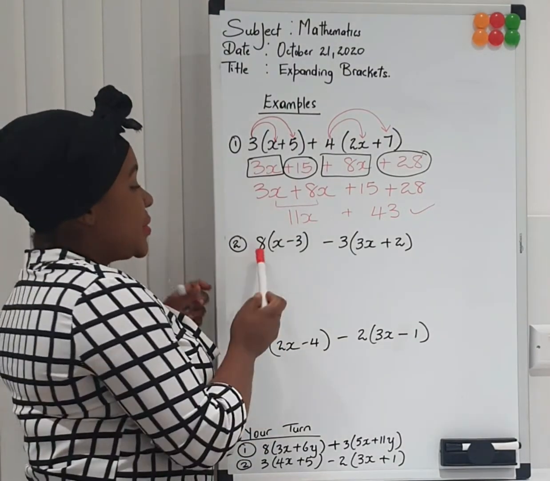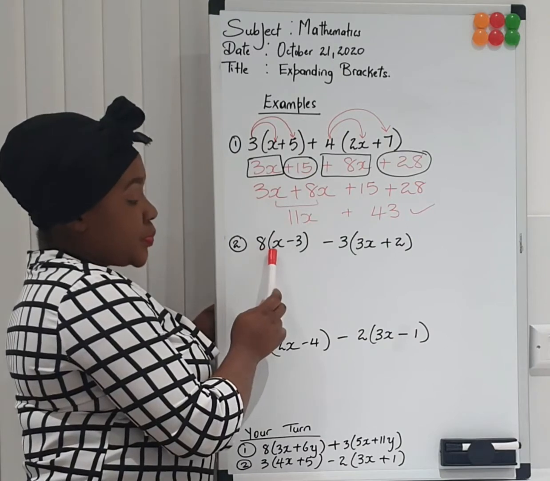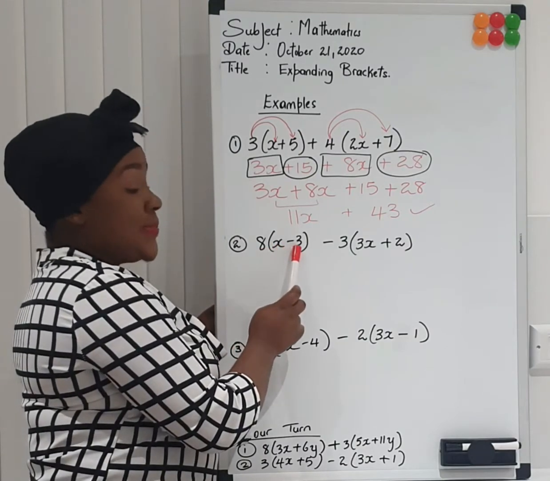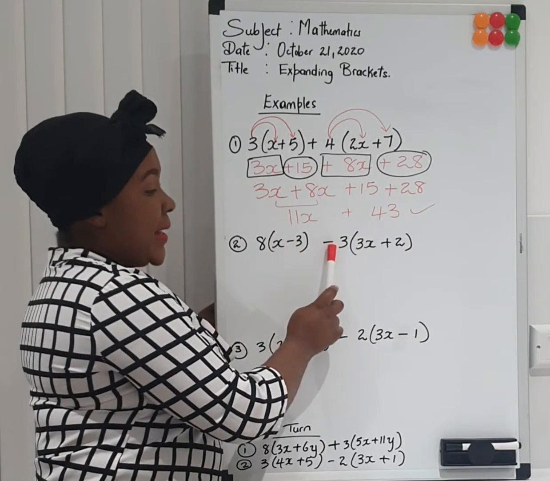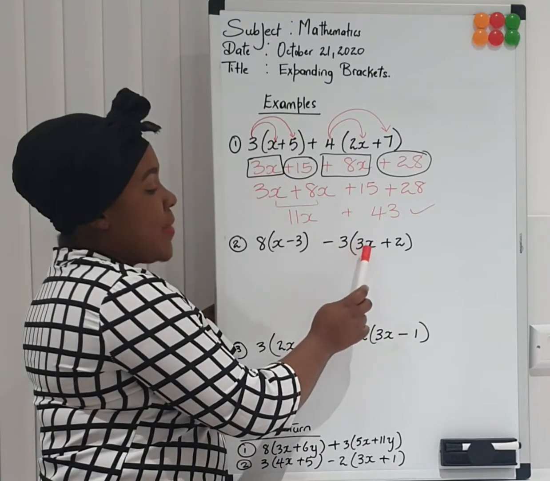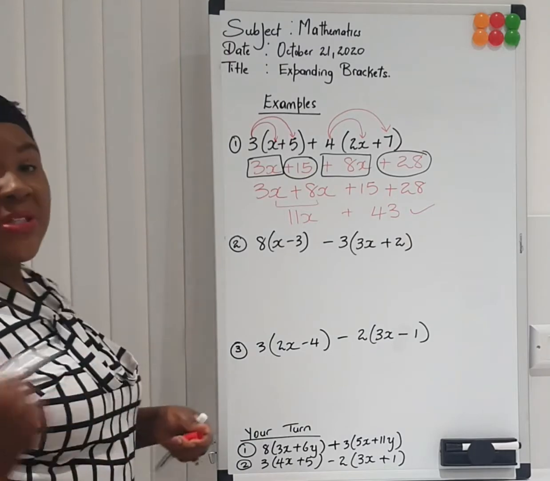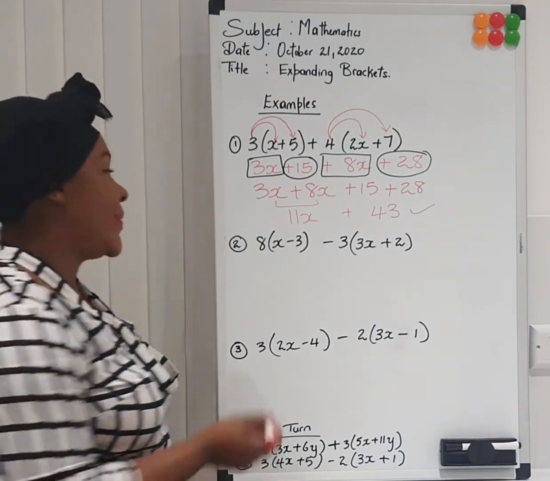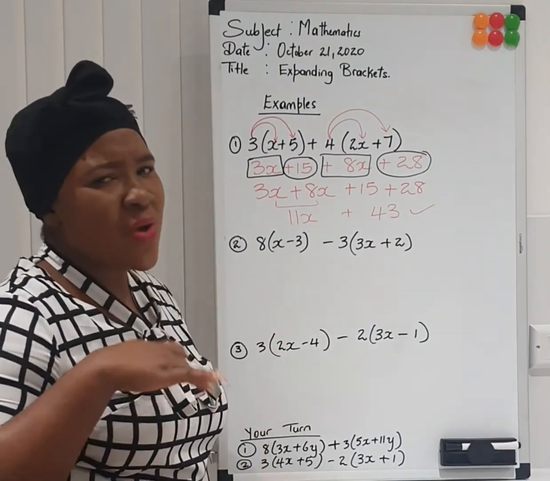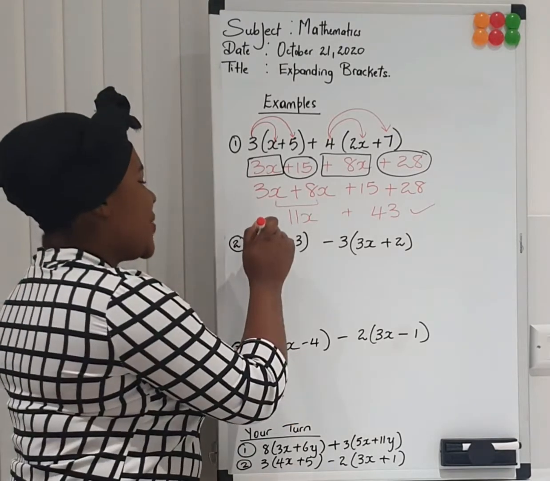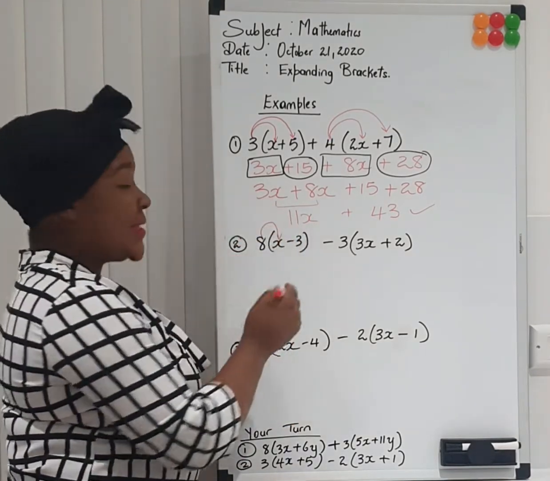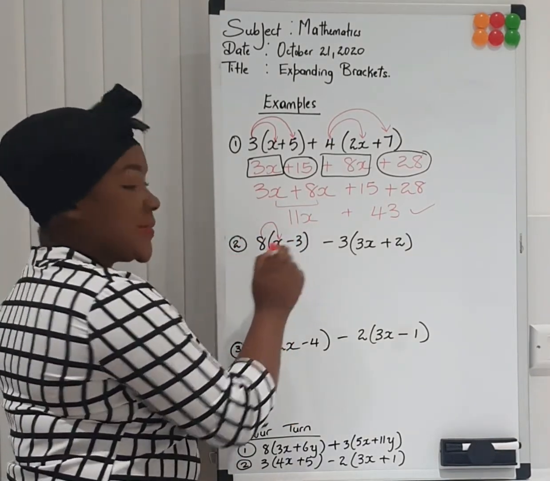So number 2, we have 8 open bracket x minus 3 close bracket minus 3 open bracket 3x plus 2 close bracket. Alright, so we're going to go ahead and expand. Expand meaning that we're removing the brackets. So we go 8 times x, and that gives me 8x.